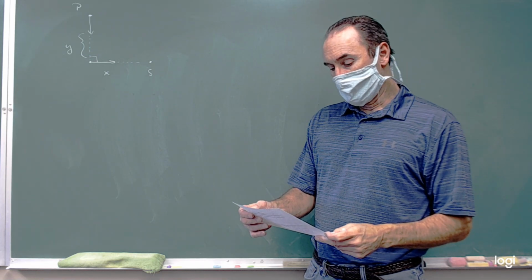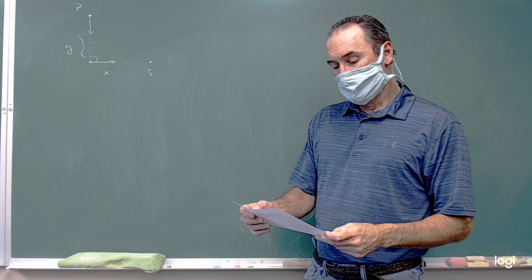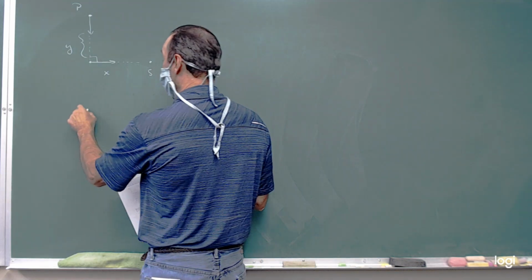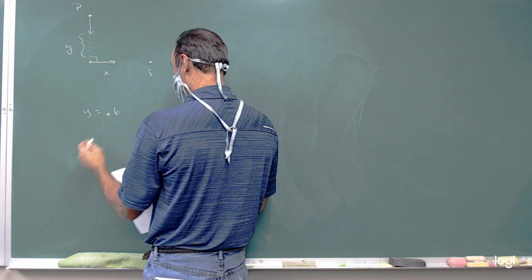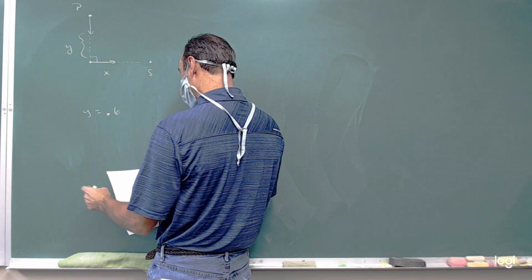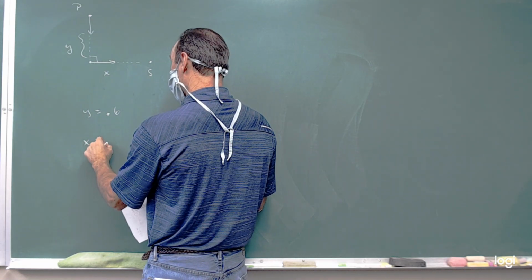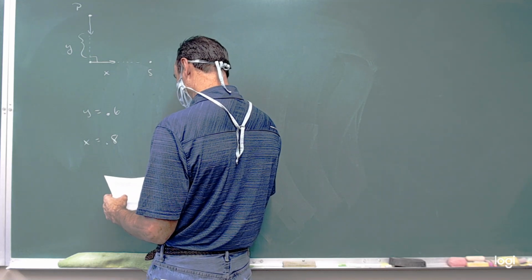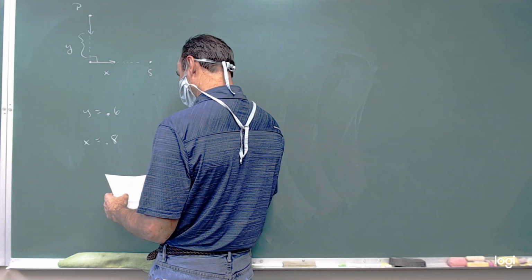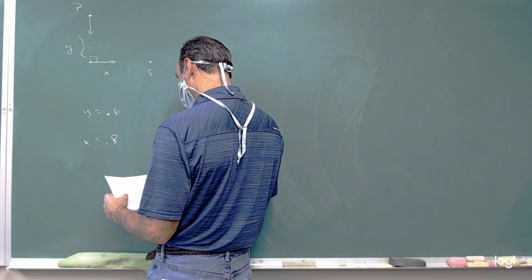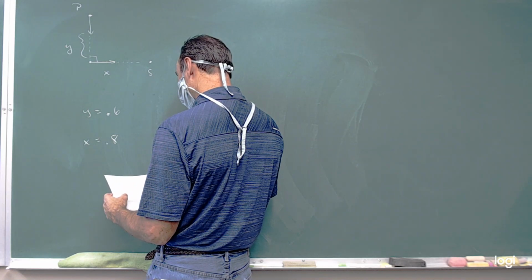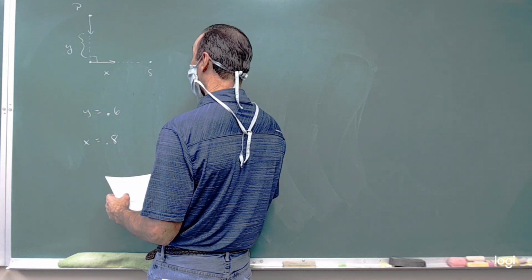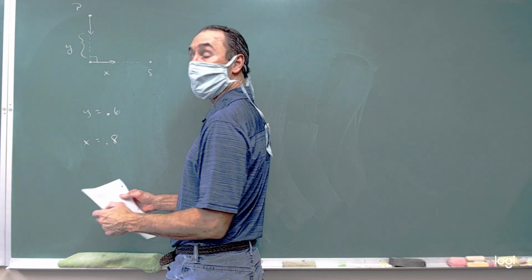So when the cruiser is 0.6 miles north, what's that telling us? Y is equal to 0.6. Then the car is 0.8 miles east. And the distance between the cruiser and the car is increasing at 20. So we need a distance between those.